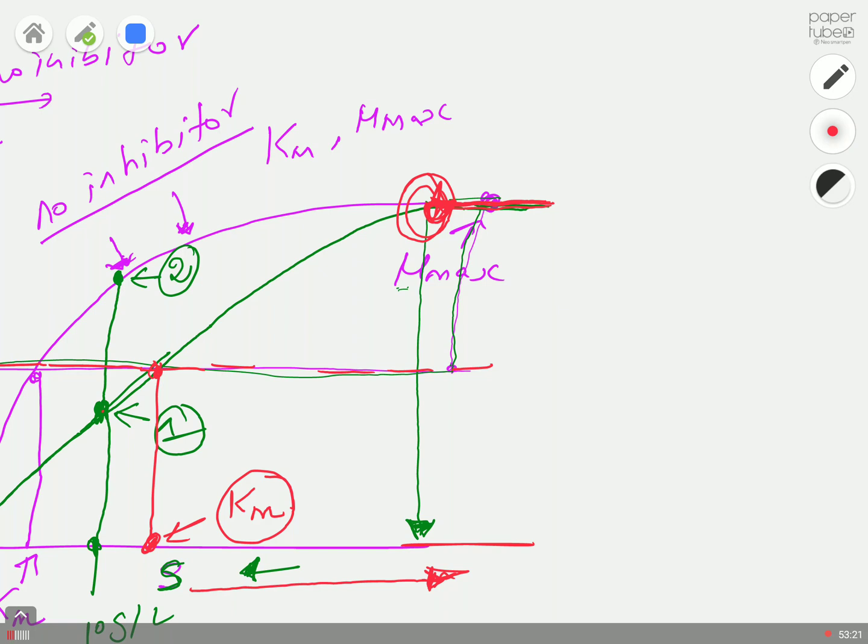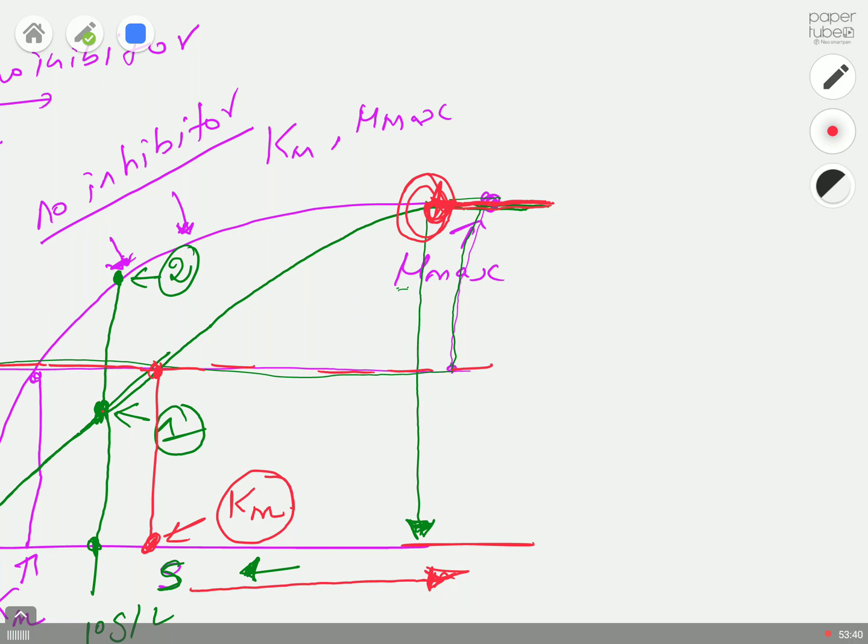So this is another message that you should take home. Whenever we deal with a competitive inhibitor, when your substrate concentration is very very high compared to the concentration of your inhibitor, the effect of the inhibitor on the overall rate of the reaction will be negligible.